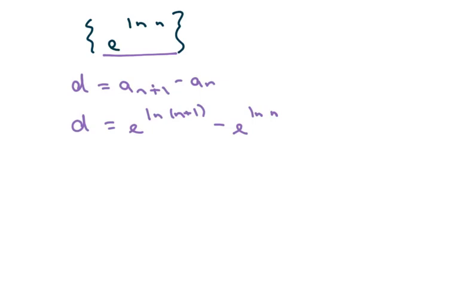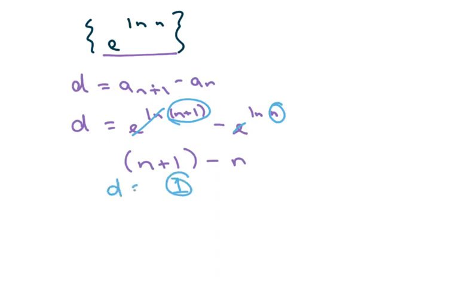Now, when you clean this up, we're just going to get n plus 1 minus n. Because remember when we did this, e and ln kind of cancel out, and you just deal with the exponent. So that just gives you 1. So your common difference is 1.